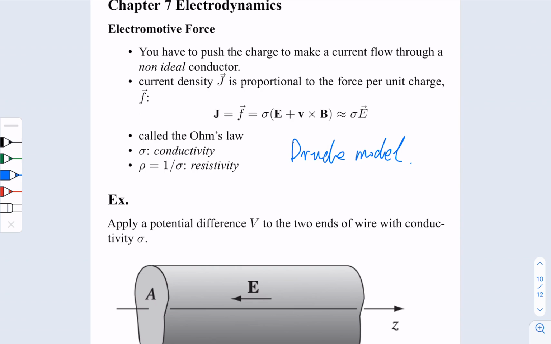However, here we are considering non-ideal conductors. So there is a conductivity, and what it means is that when the charge is accelerating from one side to the other, some heating is going on, and this heating will slow the charge down, and somehow magically it will slow the charge down to a constant velocity.